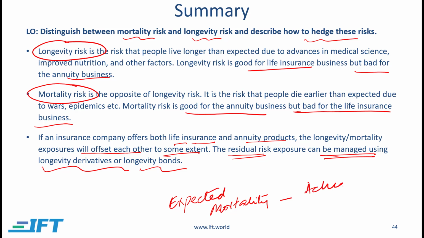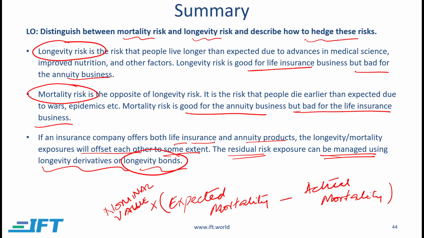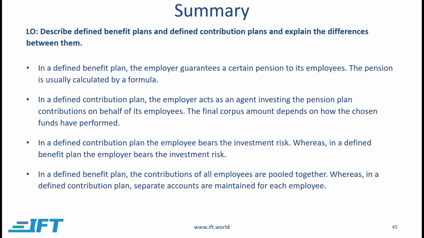And either you can have a derivative based on this, which will just take this difference and multiply it with a certain nominal value, or you can have a bond that pays a coupon or principal, where either the coupon or the principal of this bond is linked to this formula over here. So both options are there.